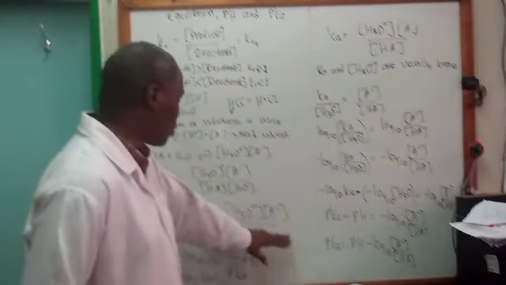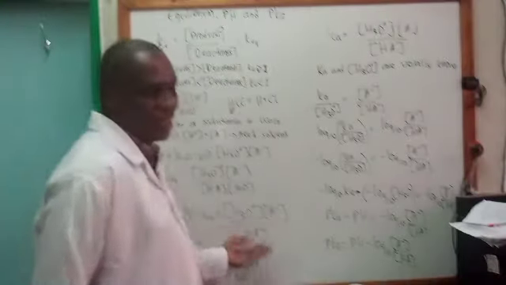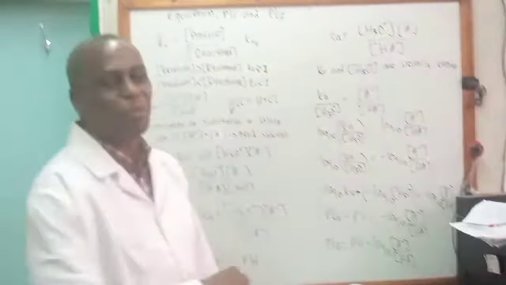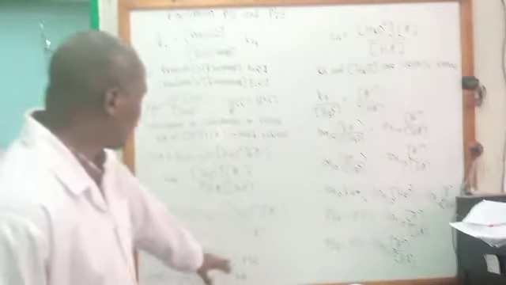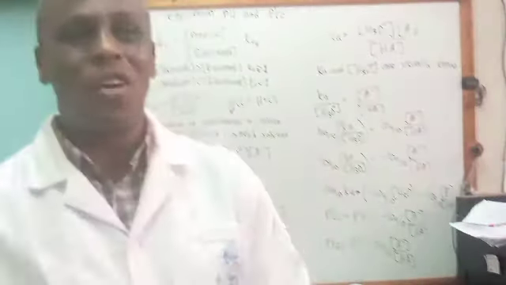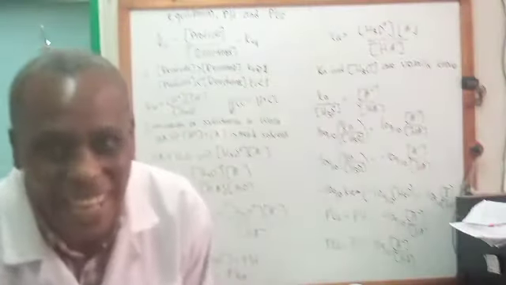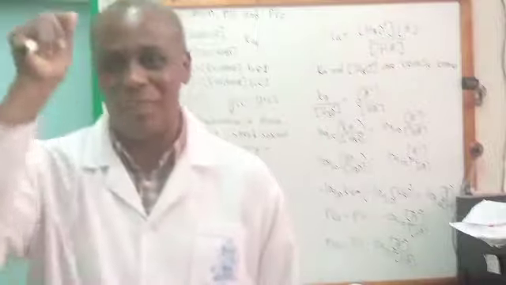Once again, as I mentioned, strong acids, if they are put in water, are going to be fully ionized. So the concentration of the HA, which is the parent acid, is going to be almost negligible. So the Ka will be large and positive.